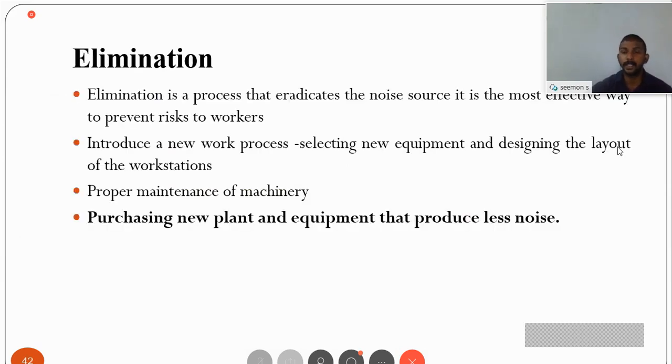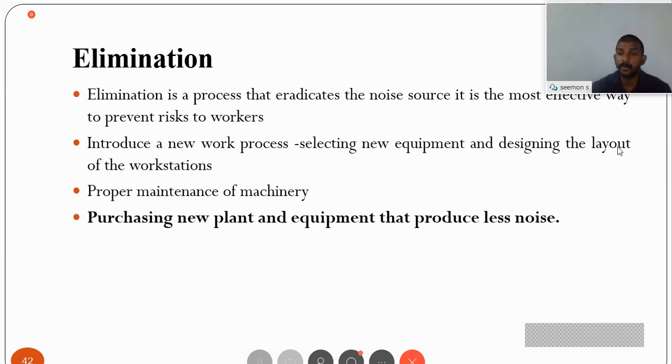Elimination means, before planning any work or any industry, planning in such a manner that we eliminate the noise from the source itself. That means adopting a process which has lesser noise.